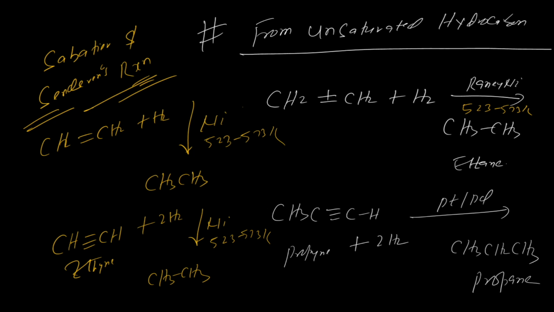Now let us move to the next one. Alkyl halide, we did it. Now from carboxylic acid we can also prepare alkane. There are two ways to form it.